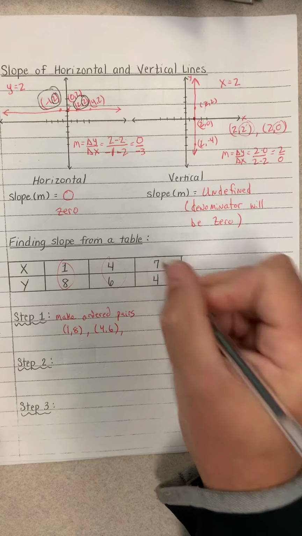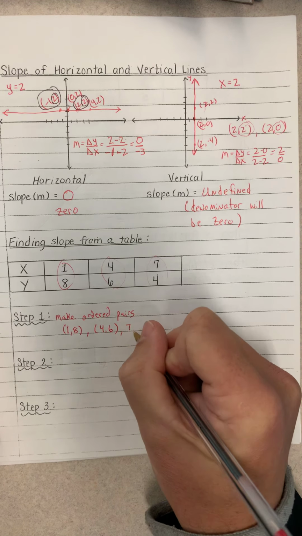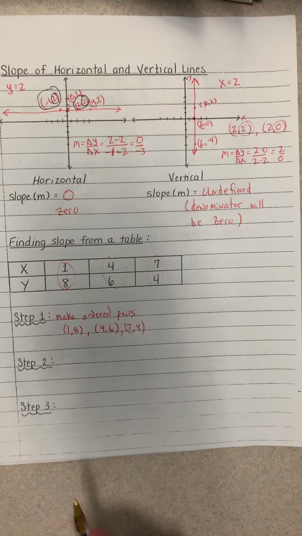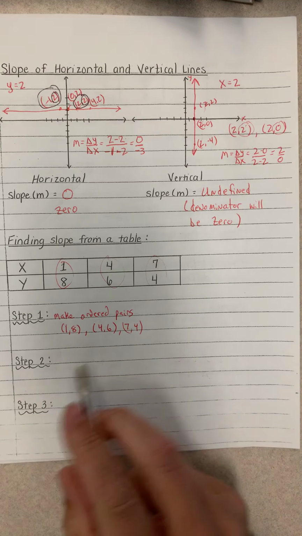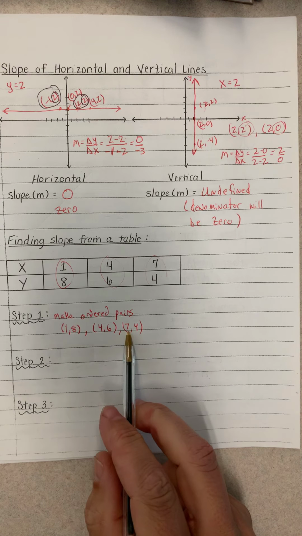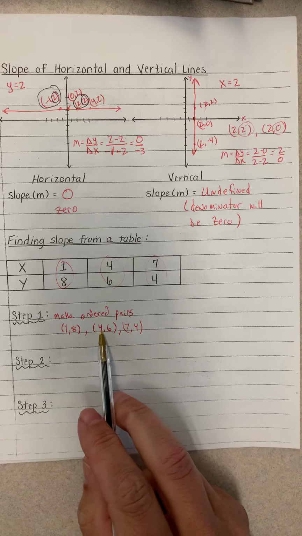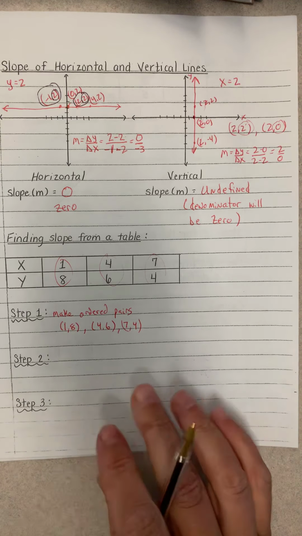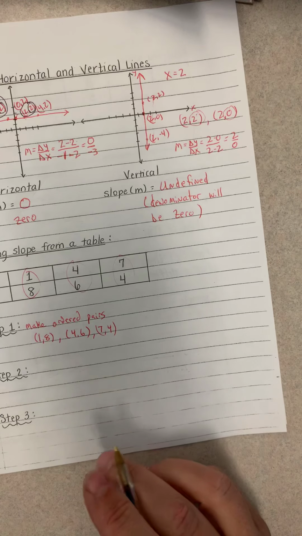And you have the ordered pair 7, 4. You only need 2 points that lie in a line to find the slope. I've got 3. Doesn't matter which ordered pairs you choose. If they all lie on the line, you can find the slope between any 2 points that lie in the line. So I just need to pick 2 of these, and it doesn't really matter which way I pick them.